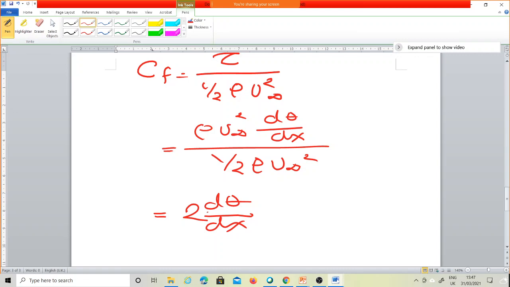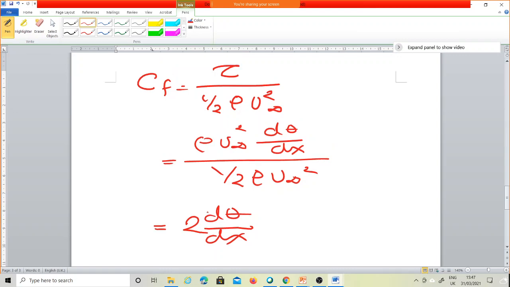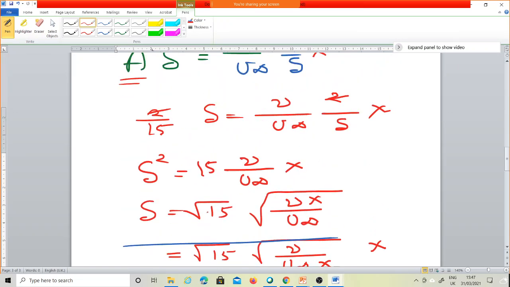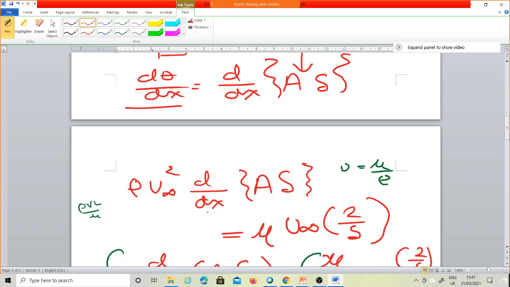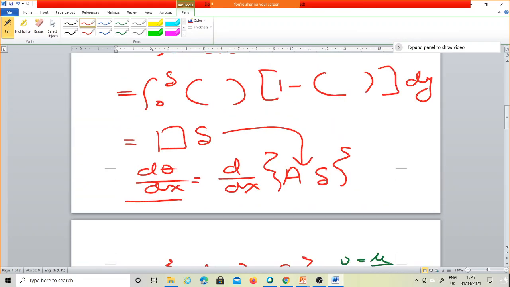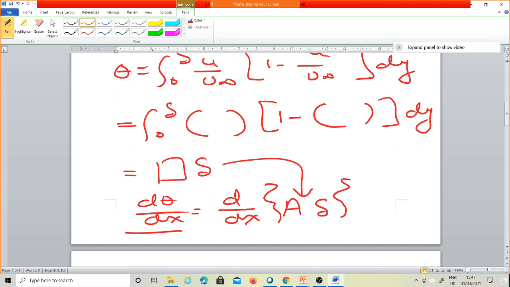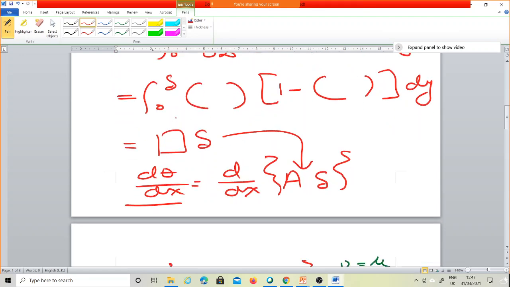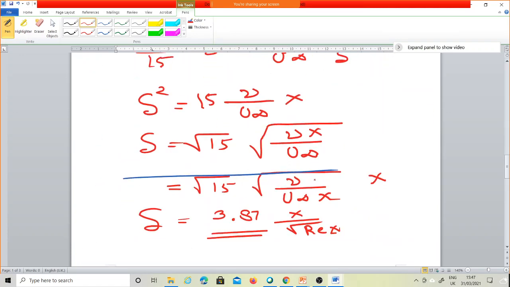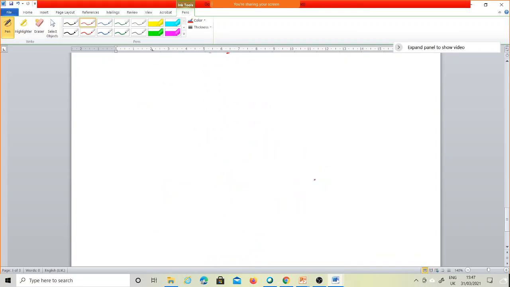Okay, so you already have d theta by dx calculated before. So here you have d theta by dx, right? d/dx of some value of delta. Okay, so you already have this value. For example, I'm not sure of the values, so please try to calculate by yourself.